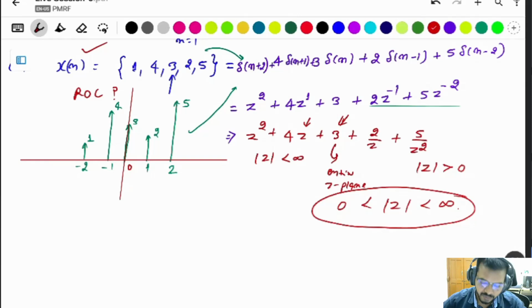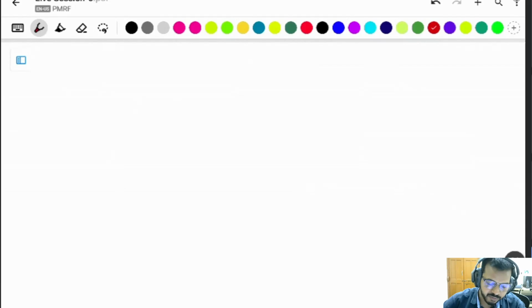Let's start the properties of the z transform.